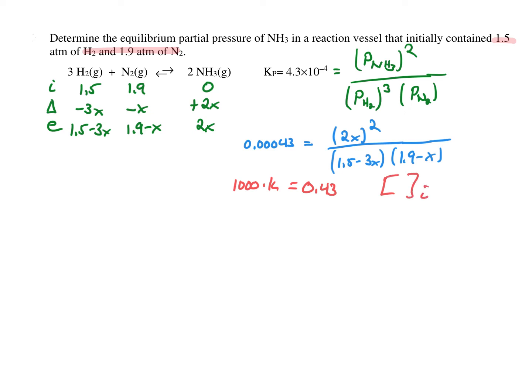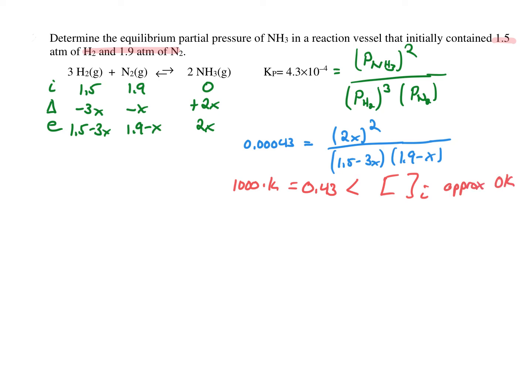It's going to compare favorably to both of these. So 1,000 times K is less than our initial concentrations, so our approximation is okay.